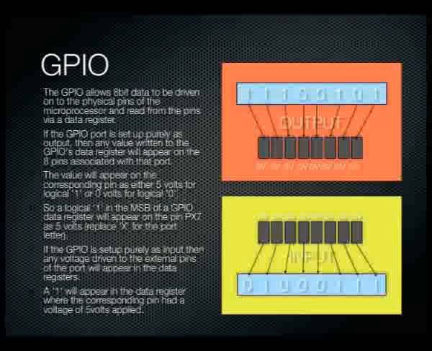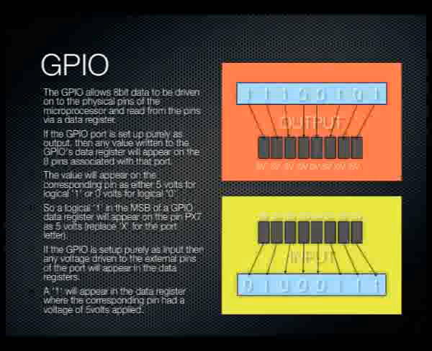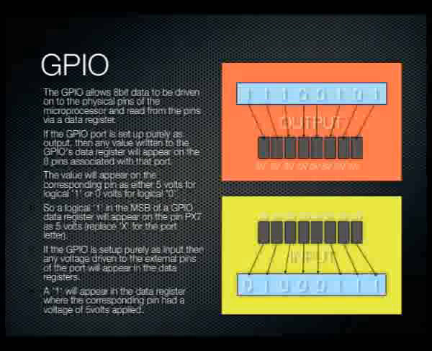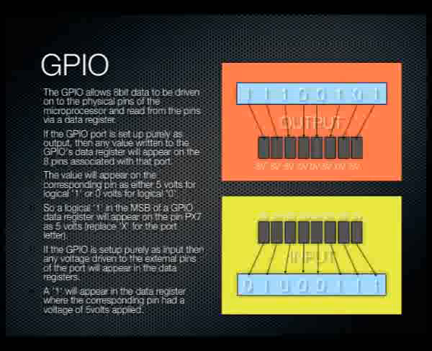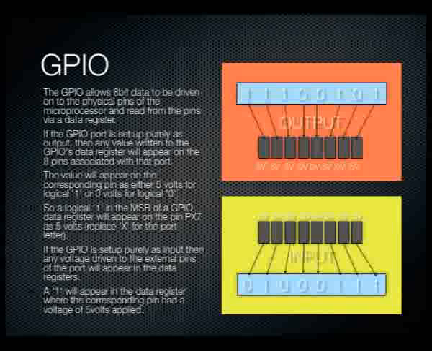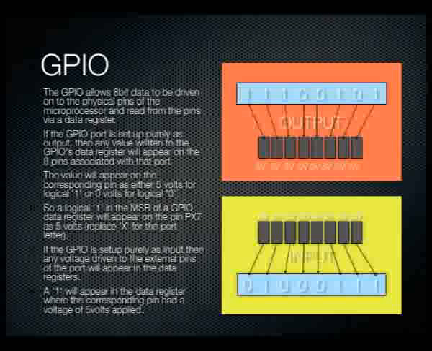So if I drive voltage values of 0, 5 volts, 0, 0, 0, 5 volts, 5 volts, 5 volts onto the physical pins, then in the data register associated with that port, I will get 0, 1, 0, 0, 0, 1, 1, 1. So I get the equivalent logical values that represent the TTL voltages put into those pins, and the data register effectively mimics whatever is being put on those pins.